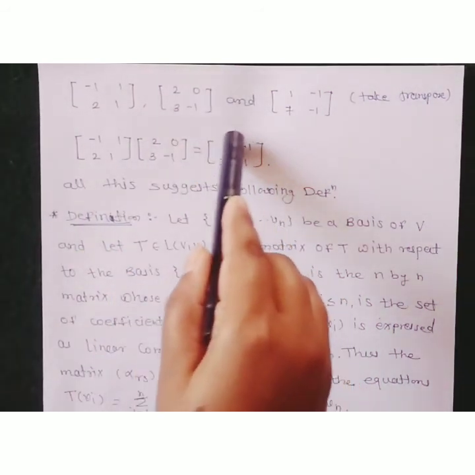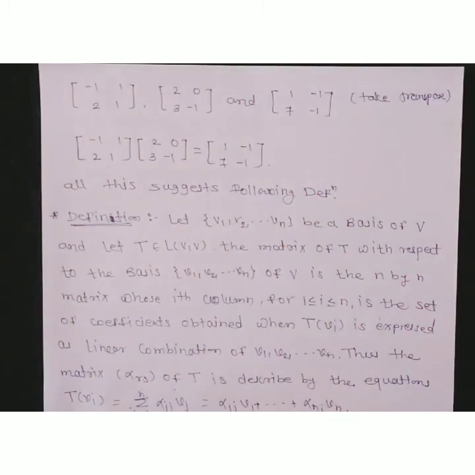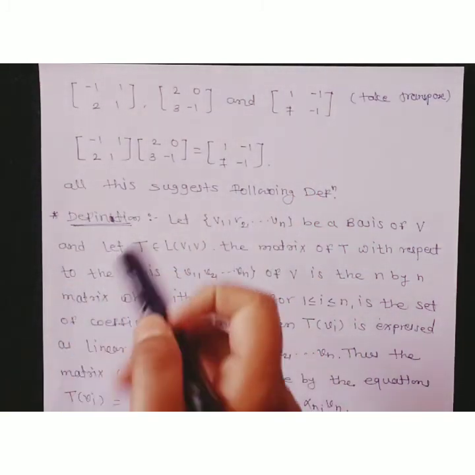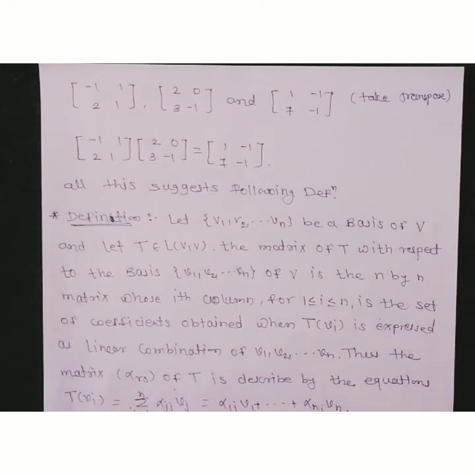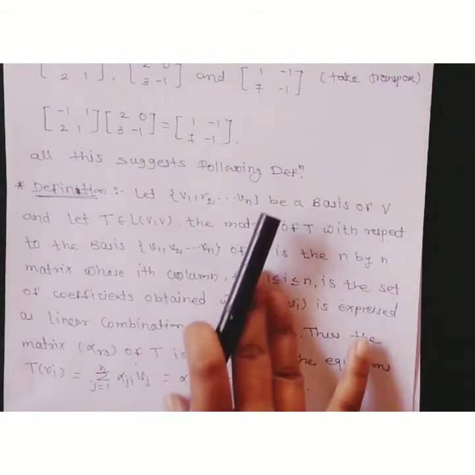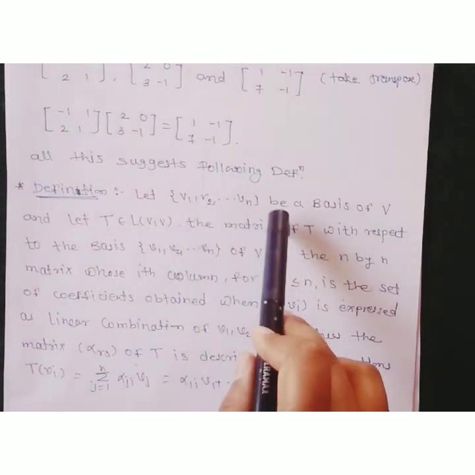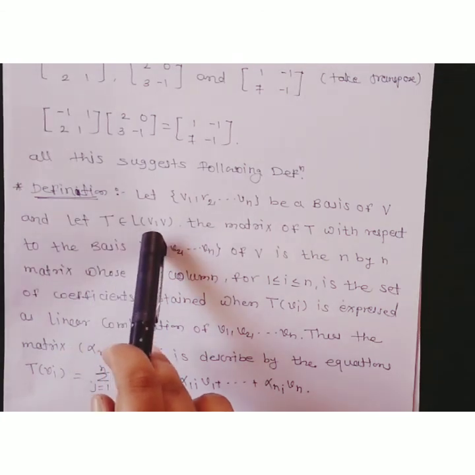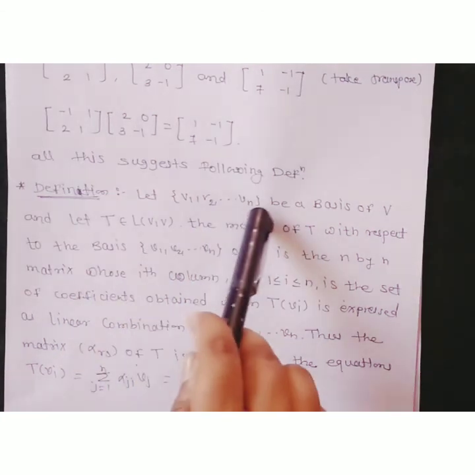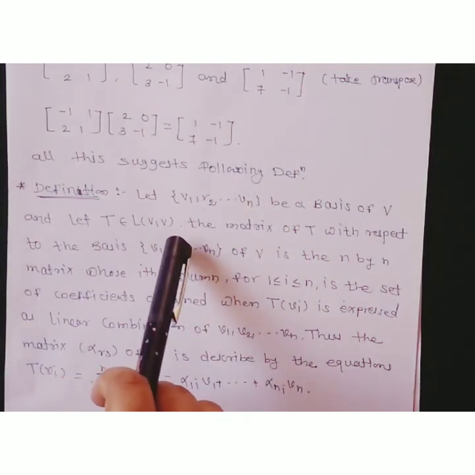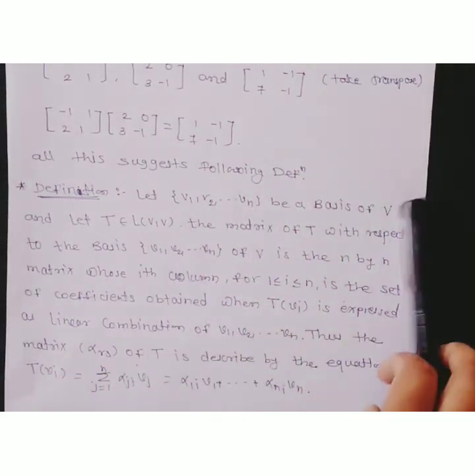The resultant matrix should be the matrix corresponding to S into T. All this suggests the following definition. Therefore, by using this example, the definition is: let V1, V2, ..., Vn be a basis of V and let T belong to L(V, V). We are given some vectors V1, V2, ..., Vn and T belonging to L(V, V).